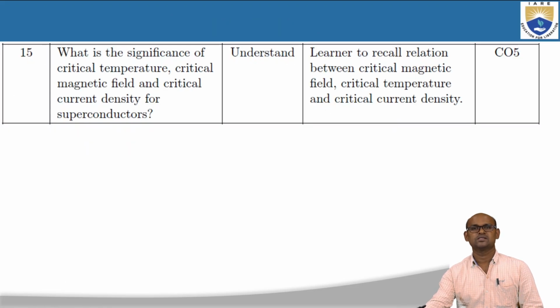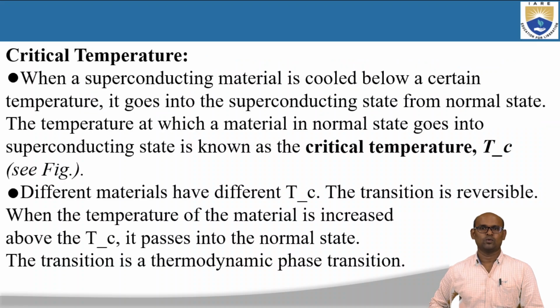What is the significance of critical temperature, critical magnetic field, and critical current density for superconductors? So we need to discuss critical temperature, critical magnetic field, and critical current density. Critical temperature: when a superconducting material is cooled below a certain temperature, it goes into a superconducting state from the normal state.